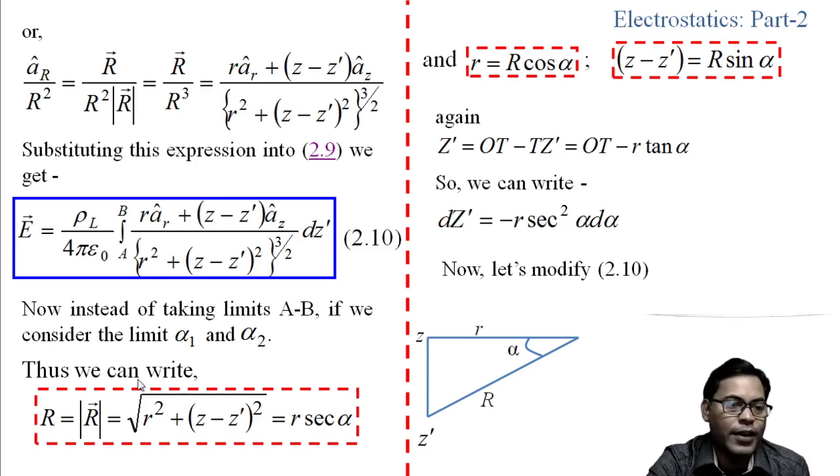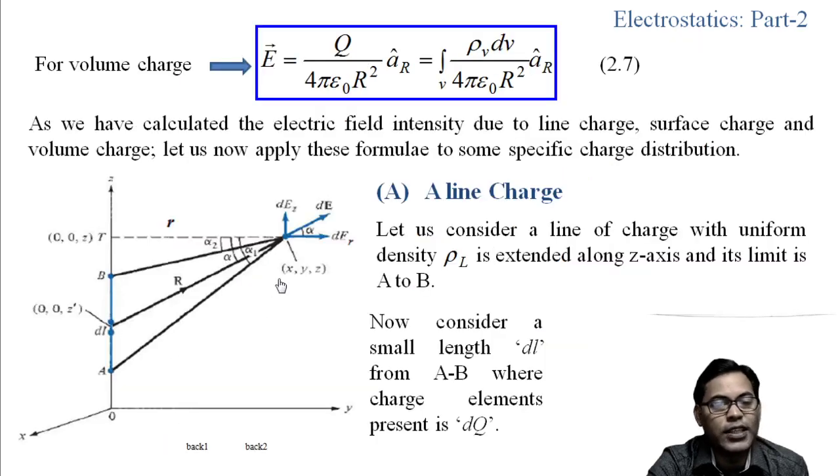So here you see that, instead of considering a to b, here we have drawn the r, that is the perpendicular distance from the z axis to the point where we want to find the electric field intensity.